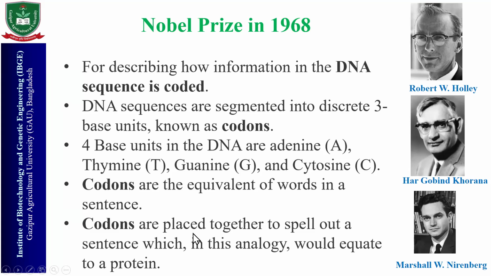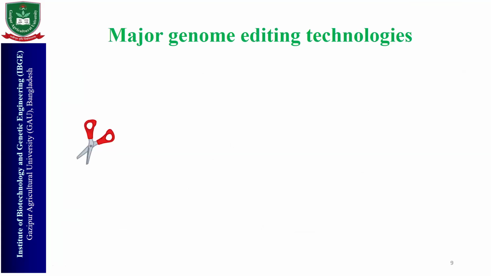For making a protein, several codons are necessary, because we are saying a codon is a word, and for a sentence you need many words. This happens when a gene is expressed, mRNA is produced, and finally protein is synthesized.